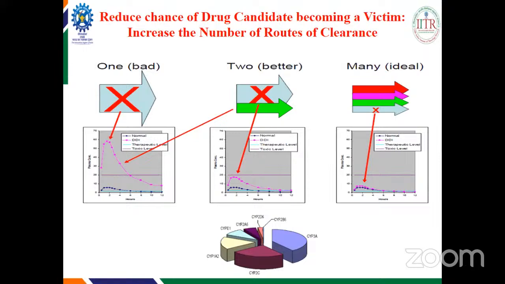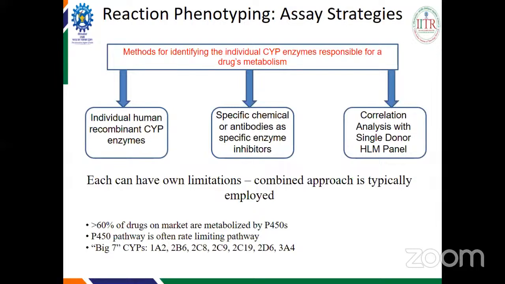This is what we expect from our molecule, that it is metabolized by multiple enzymes. And what are the different ways of calculating it? You can use recombinant enzymes for this purpose. You can use the microsomal test system, where you can use specific antibodies to inhibit a specific enzyme, and then see what is happening to your compound's metabolism.